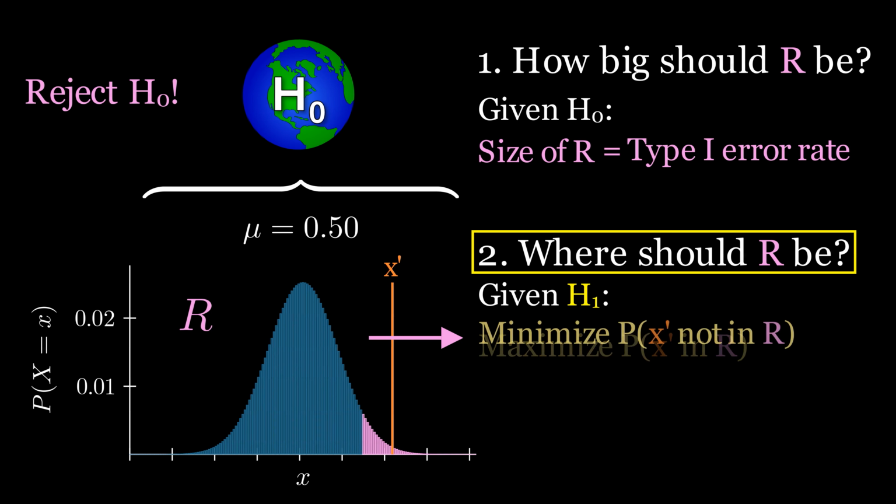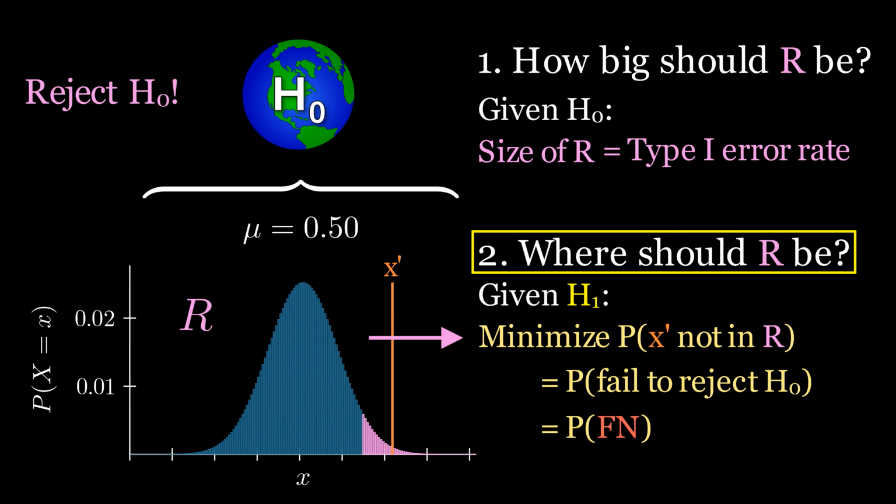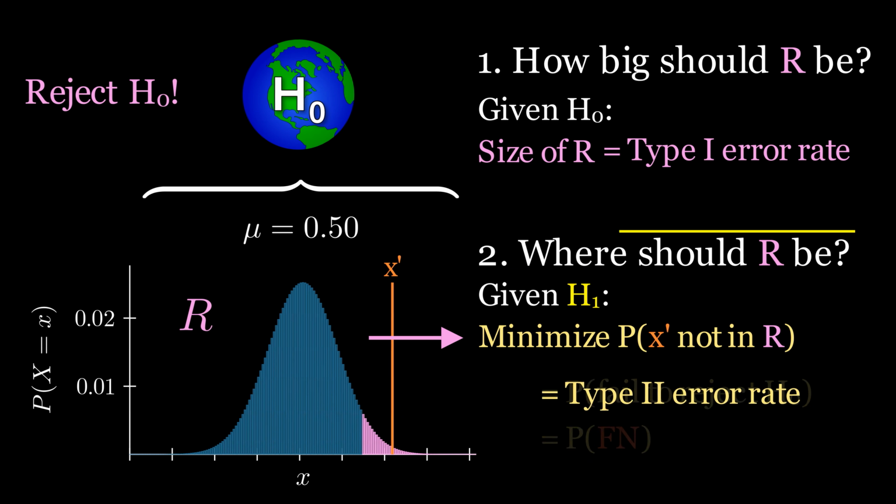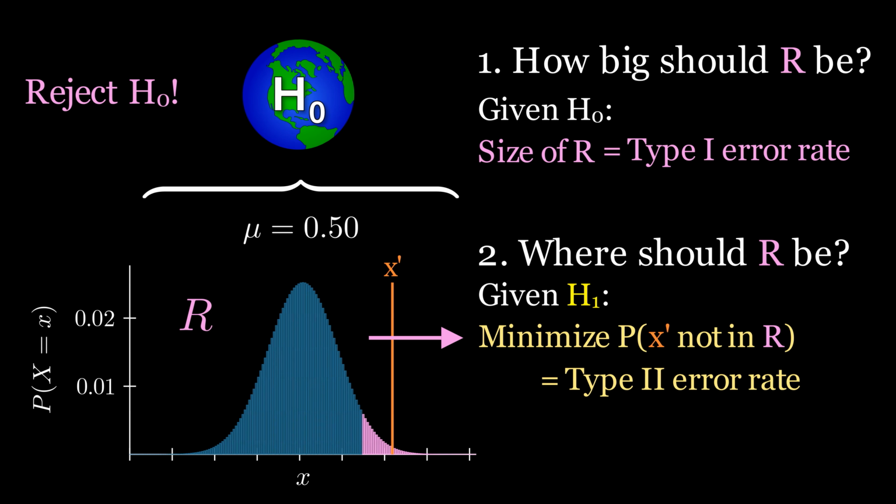This is the same as minimizing the chances that x prime is not in R, aka a false negative. So placing R all the way to the right has the effect of minimizing the type 2 error rate. To recap, we've created a rejection region which was sized to control the type 1 error rate, and positioned to minimize the type 2 error rate.